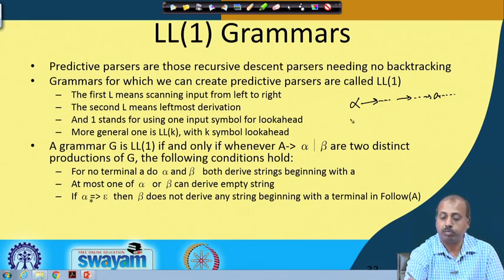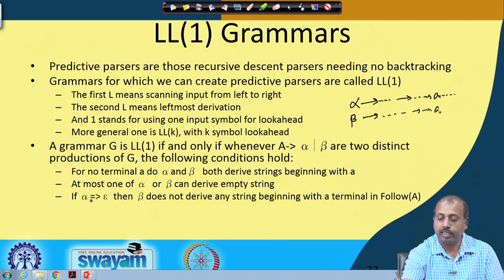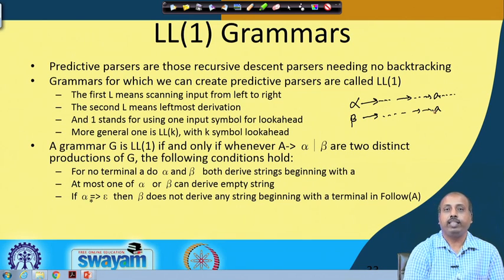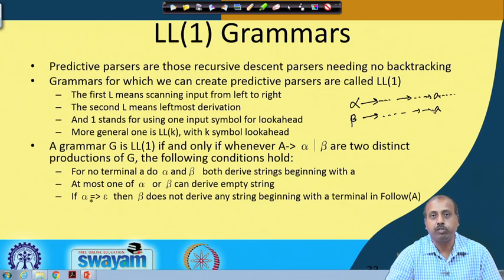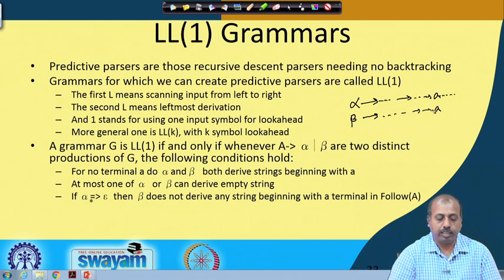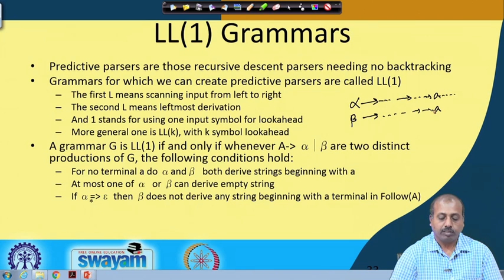With beta I should not be able to do the same, deriving a string that starts with a. Naturally, in that case there will be confusion. If first of alpha and first of beta both contain a, you cannot decide, on getting a, whether you should follow the production A producing alpha or the production A producing beta. So, that is one thing.